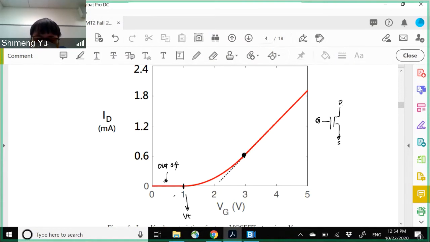So here, this ID-VG curve is basically with some fixed Vd. But here we are going to increase or sweep the Vg from 0 to 5 volts. So the Vd is fixed, and then we increase the VGS.